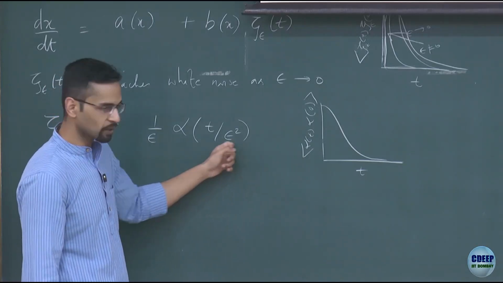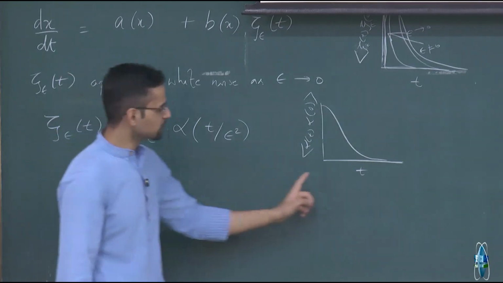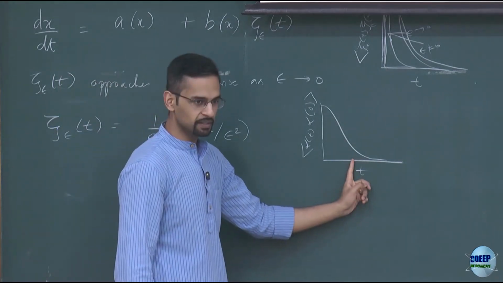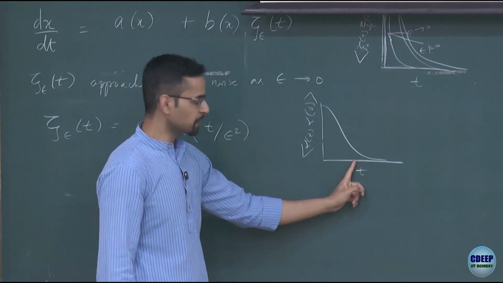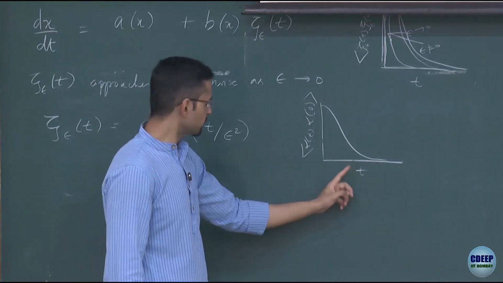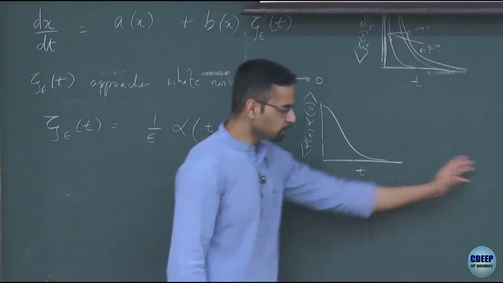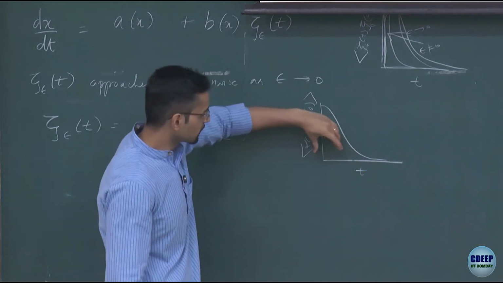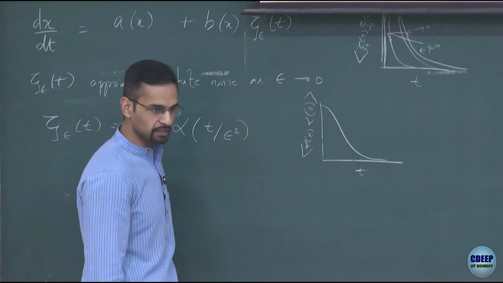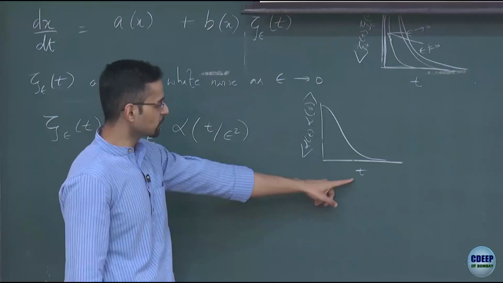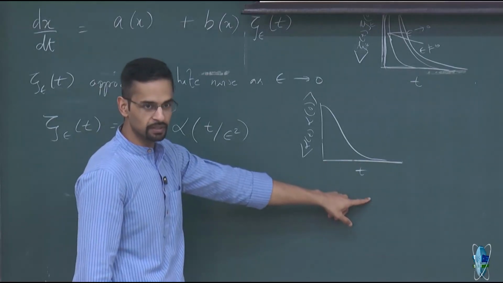So now you see as epsilon goes to 0, suppose you take a point here. Instead of the argument being this time, it is that time divided by epsilon squared. So it will get pushed out. Or in other words, this whole thing will start to shrink, by just replacing the argument t by t over epsilon squared.